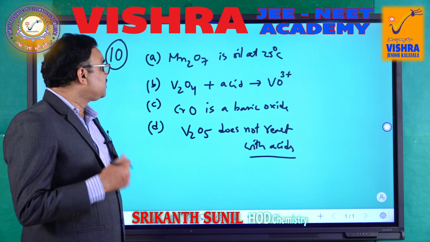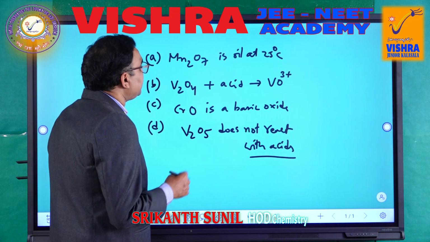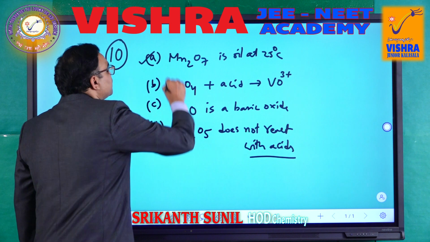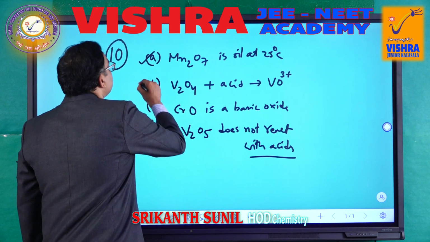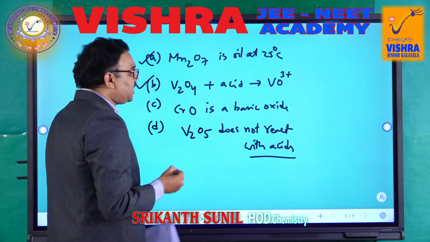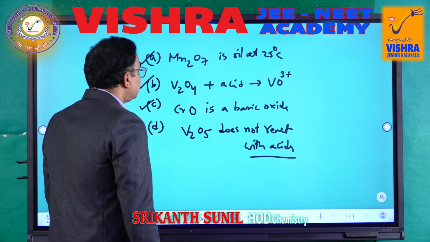Students, let us observe these options. Mn2O7 is a thick oil at room temperature. Okay, this one is correct. V2O4, if you add to an acid, VO3+ will come. This one is also correct. CrO is a lower oxide, so it will act as a basic oxide. Higher oxides generally act as acidic oxides.